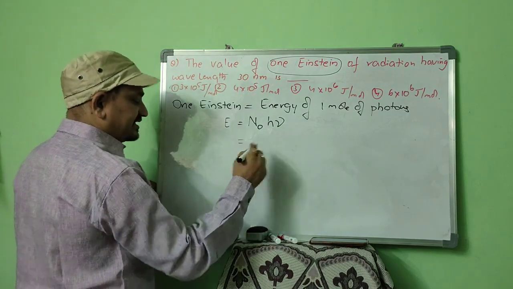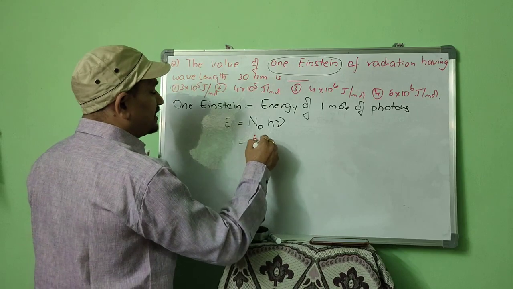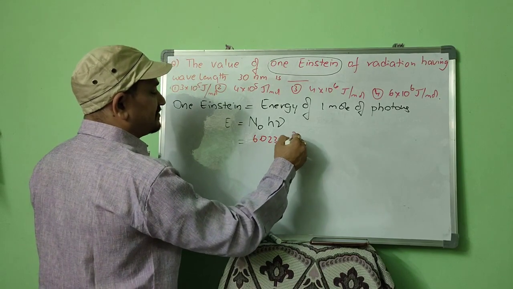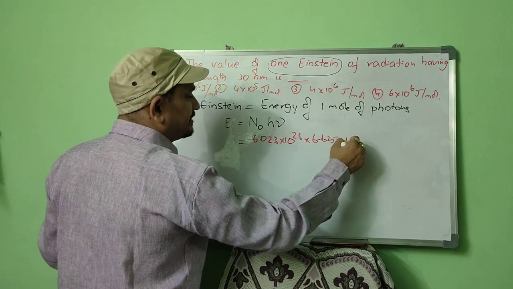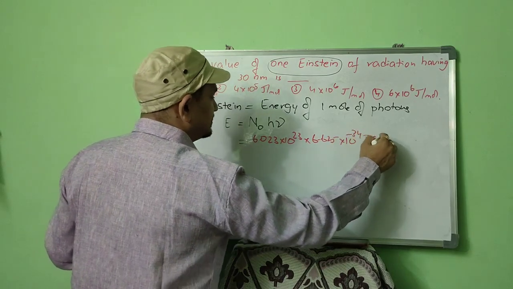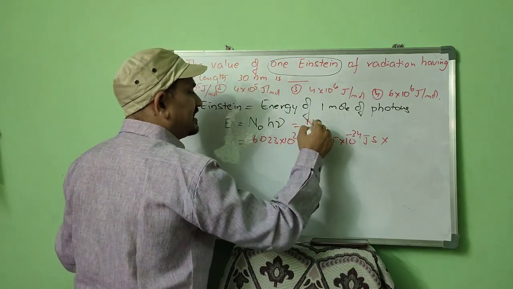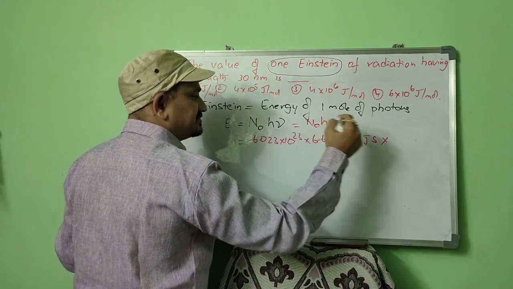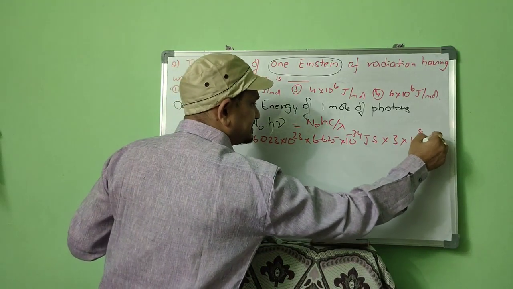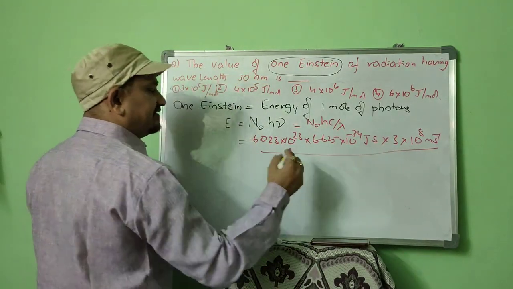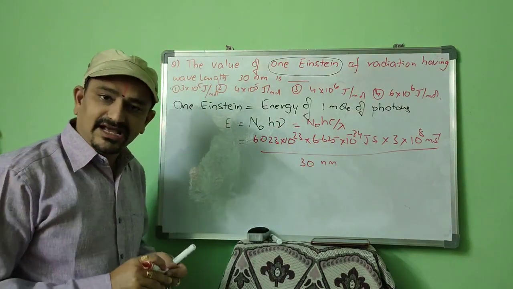So, on substituting here, see, 6.023 into 10 power 23 stands for Avogadro number into 6.625 into 10 power minus 34 joule second into nu, where nu is equals to c by lambda. We can use that substitution. See, velocity of light 3 into 10 power 8 meters per second whole divided by 30 nanometers.